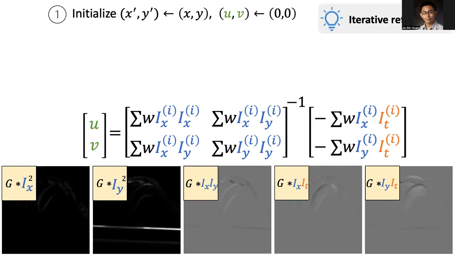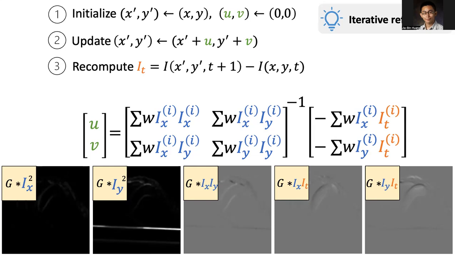Once I do that, I know the corresponding pixel is just x prime, y prime, which doesn't move in this case. Then we can compute It, the temporal difference between the new pixel and the old pixel, that is, the difference between location x prime, y prime and x, y. Initially, u and v are initialized to 0, so it's this frame and this frame, and for the corresponding pixel you just take this pixel minus this pixel, the temporal difference.